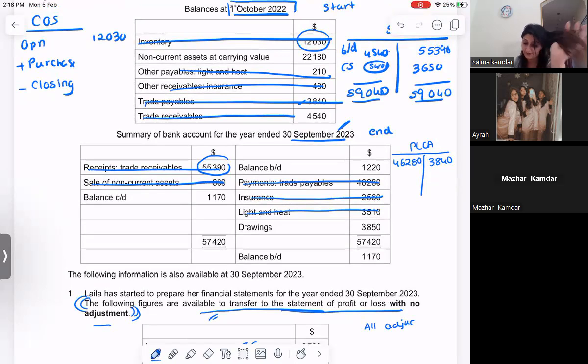Non-current assets are given to us at a carrying value. If any non-current asset is there, I should remember that I have to remove depreciation. I'm just reading the question and analyzing. And there is also a sale of non-current asset.